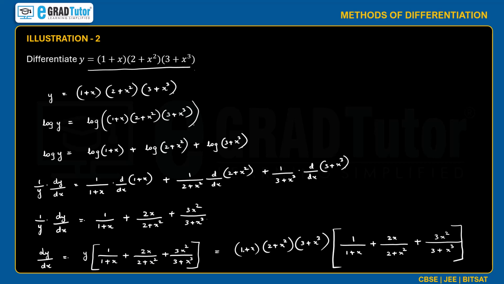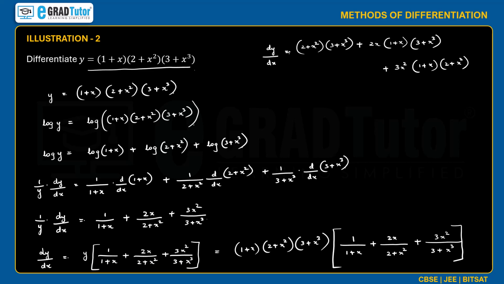In order to further simplify, you can multiply this expression and let's write the answer here: 2 plus x square into 3 plus x cube, plus 2x into 1 plus x into 3 plus x cube, plus 3x square into 1 plus x into 2 plus x square. Okay, so this is your dy by dx.